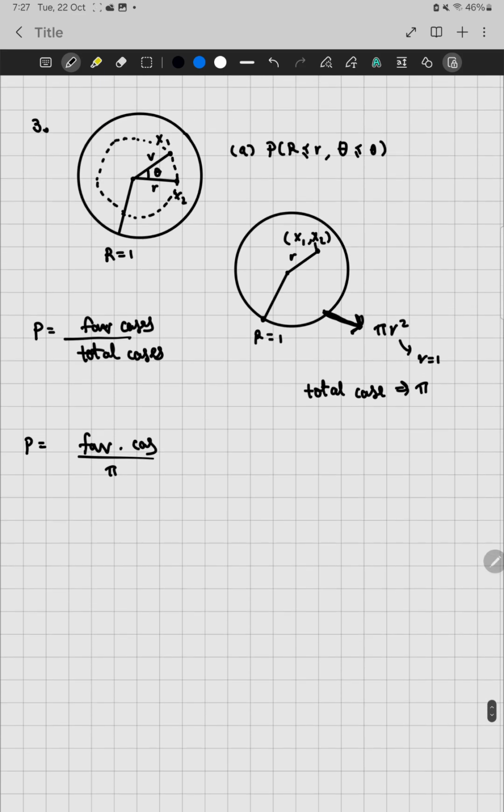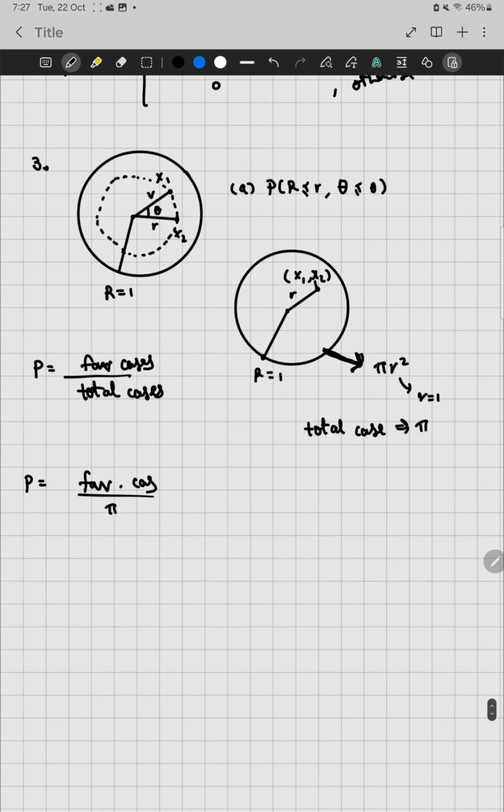Now for favorable cases, I don't understand this diagram, how to use it, so I understood it through this diagram. For a dart to land in a sector, you can use this as reference: this is the dart and it's making this much angle with the board.